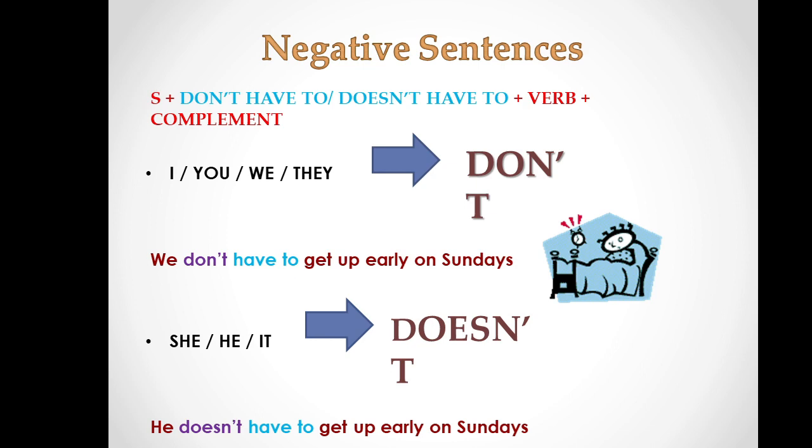Sarah studied hard for the exam. Don't have to or doesn't have to? Good. Sarah has to study hard for the exam. Why do we use has? Once again, because Sarah refers to she, okay?